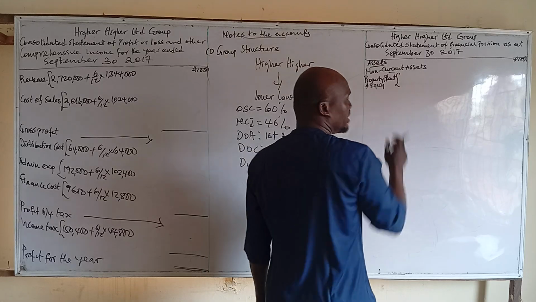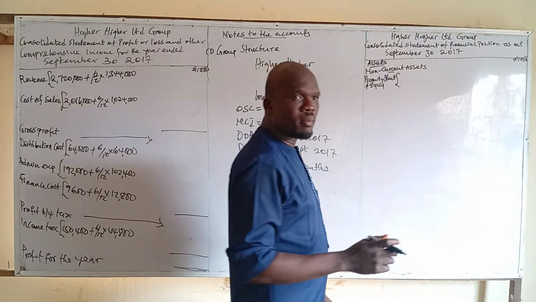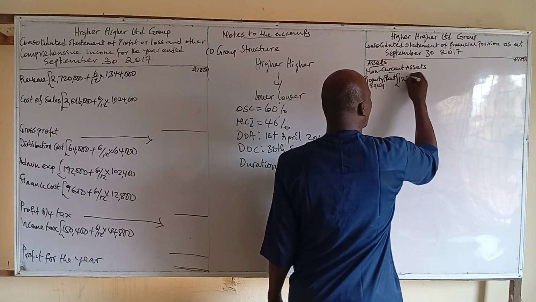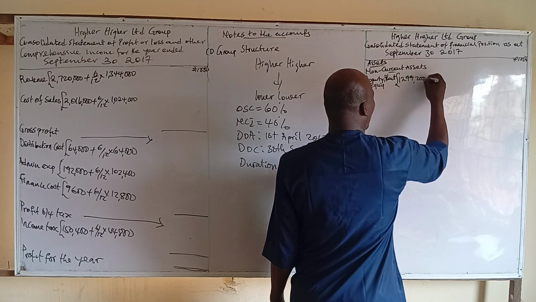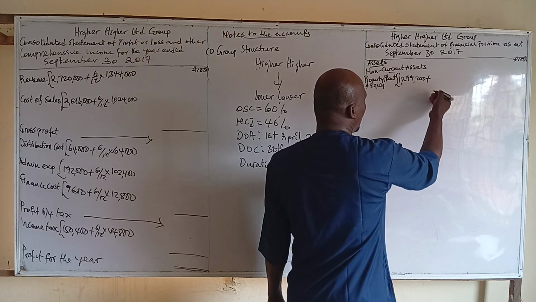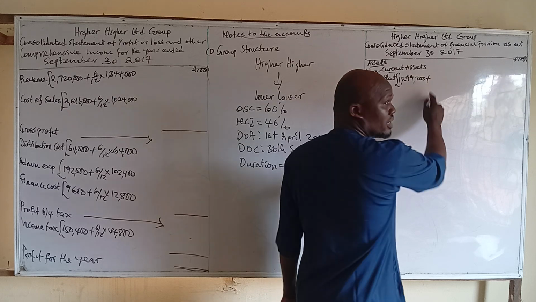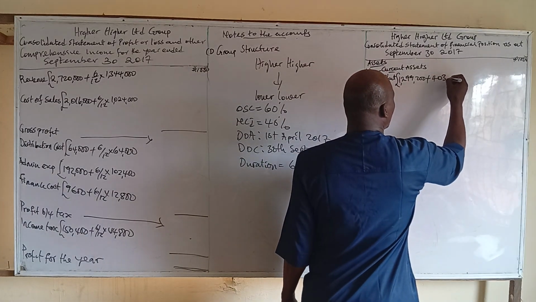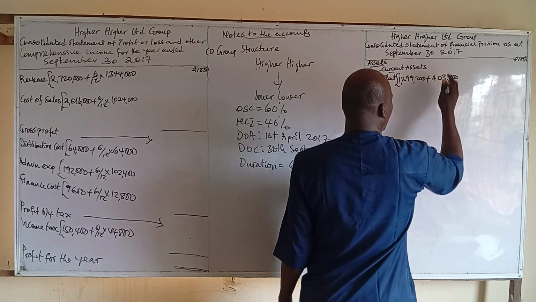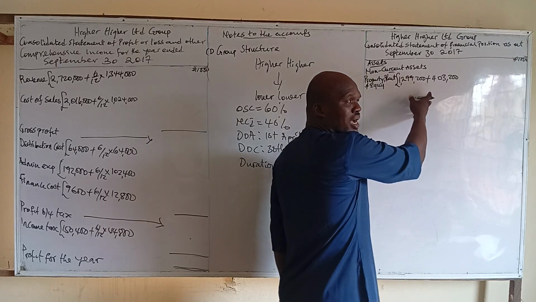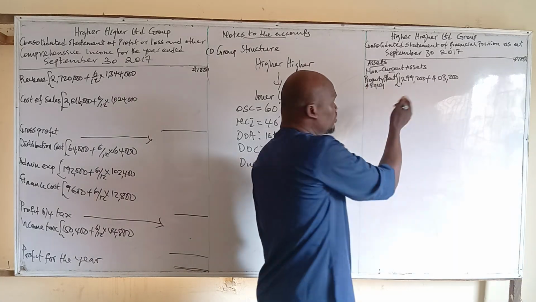The figure for the parent is 1,299,200. The figure for the subsidiary is 403,200. So you leave it open, we need to adjust this too. We move to the next line.